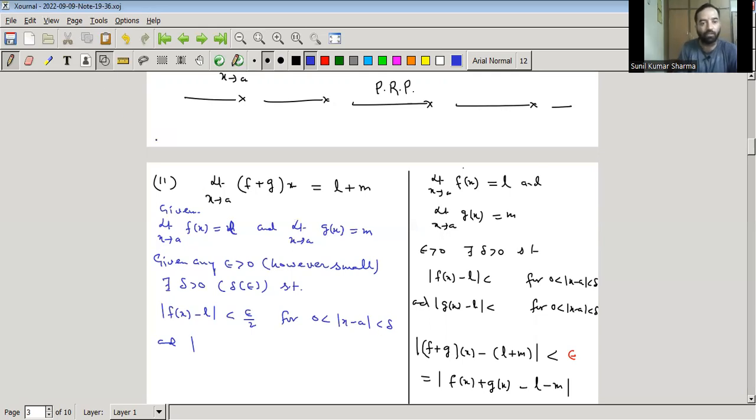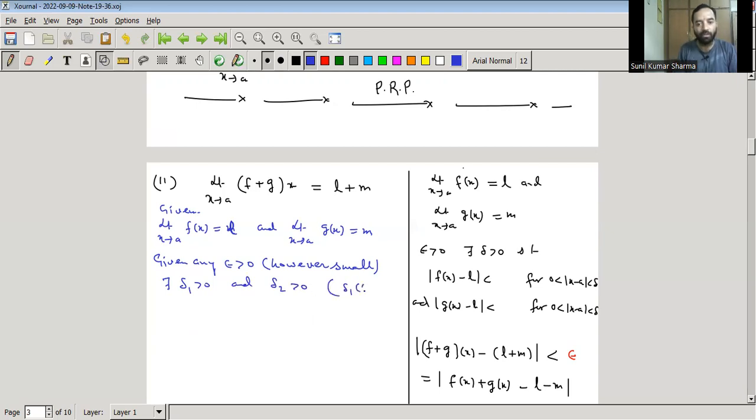So instead of taking one delta, we can say there exists delta 1 greater than 0 and delta 2 greater than 0.